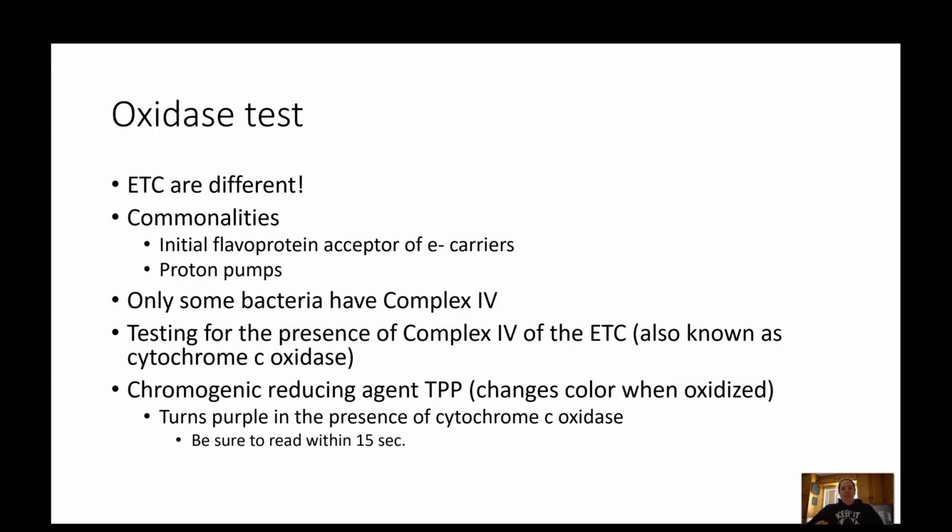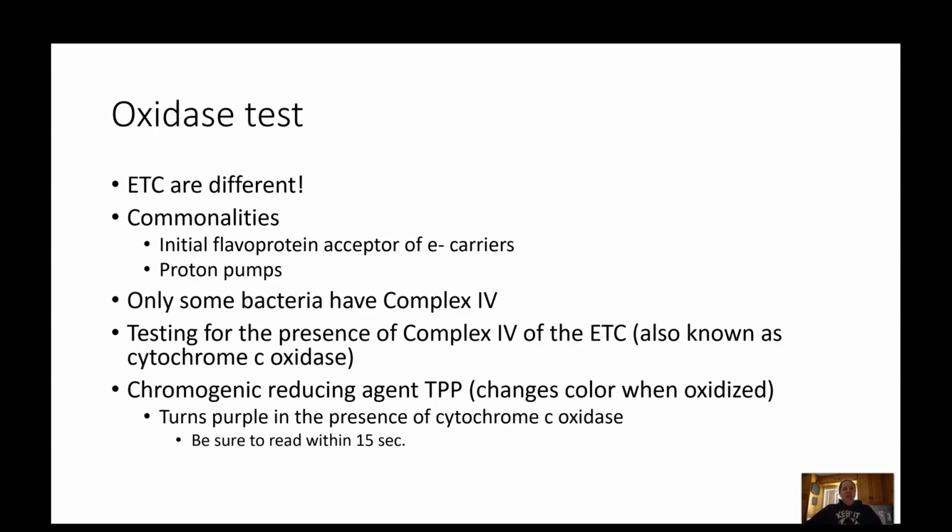For example, there's always an initial flavoprotein that accepts those electrons from NADH or FADH2. There's always going to be some type of proton pump in that chain to pump those hydrogens across the membrane to create the gradient. And then one that I didn't list here, of course, is that at the end there has to be something that is going to use those electrons to reduce oxygen to water.